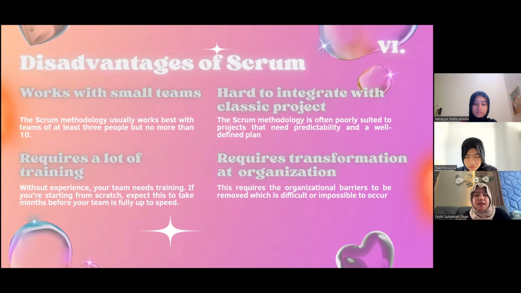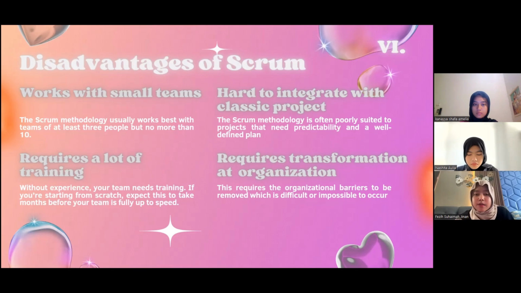Then there are the disadvantages of Scrum. The first one is that it works with small teams. The Scrum methodology usually works best with teams of at least 3 people, but no more than 10. It requires a lot of training. If you're starting from scratch, expect this to take months before your team is fully up to speed.